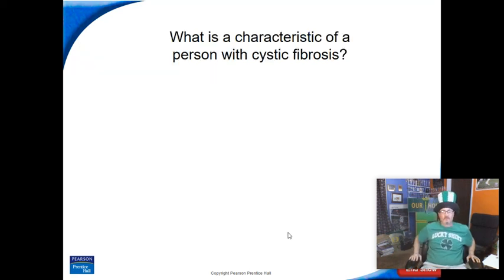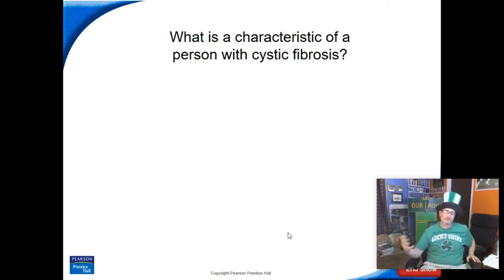Okay, give me a characteristic of a person with cystic fibrosis. You can do a characteristic that is seen or felt, or you can do a molecular characteristic. So molecular characteristic is the ion channel, the chloride ion channel. Won't allow chloride ions to move through.